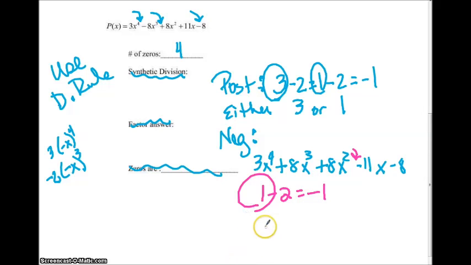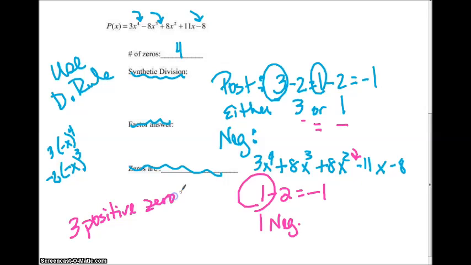This is my only possibility, so there is one negative. I said there was either 3 or 1 positive. I said there was a total of 4. If there's one negative, there must be 3 positive. So I'm going to have 3 positive zeros and 1 negative zero for my answer here. We're not actually going to find the solution, we're just describing what they're going to be. All right, go on to the next page.